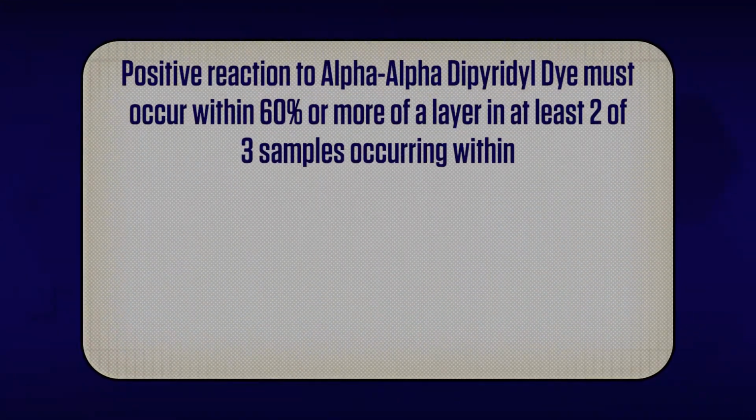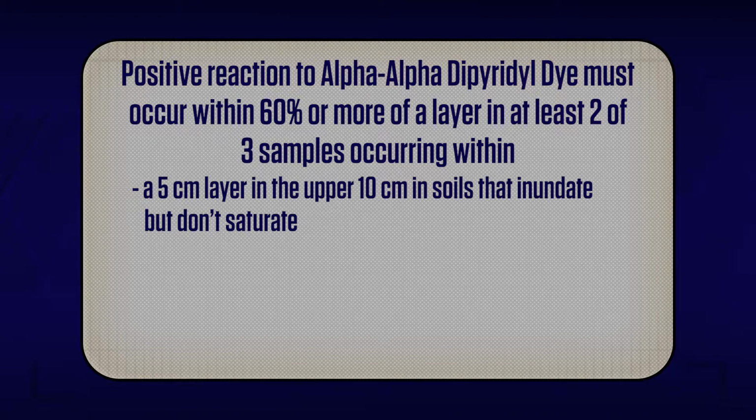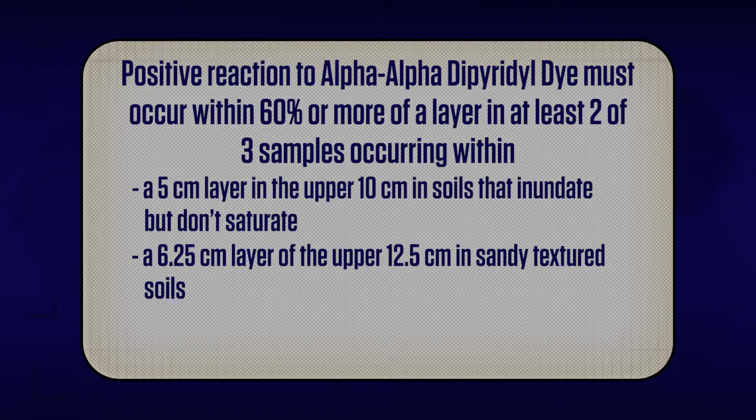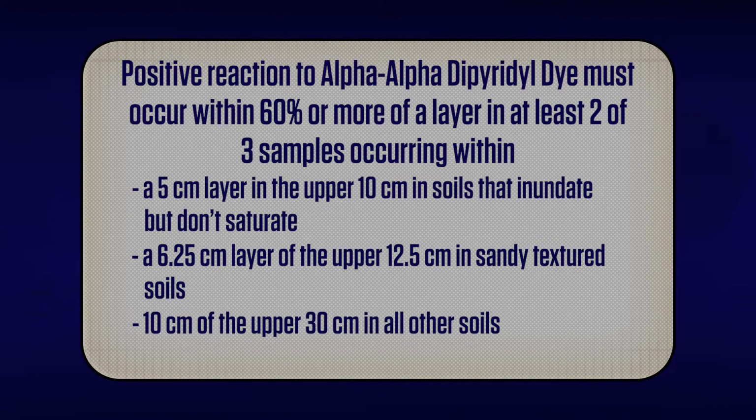To meet the hydric soil definition, a positive reaction to alpha-dipyridyl dye must occur within 60% or more of a layer in at least 2 of 3 samples, occurring within a 5 centimeter layer in the upper 10 centimeters in soils that inundate but don't saturate, a 6.25 centimeter layer of the upper 12.5 centimeters in sandy textured soils, or 10 centimeters of the upper 30 centimeters in all other soils.